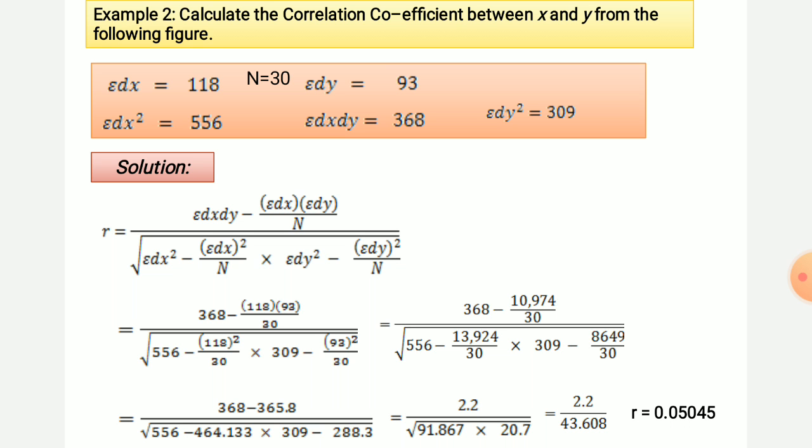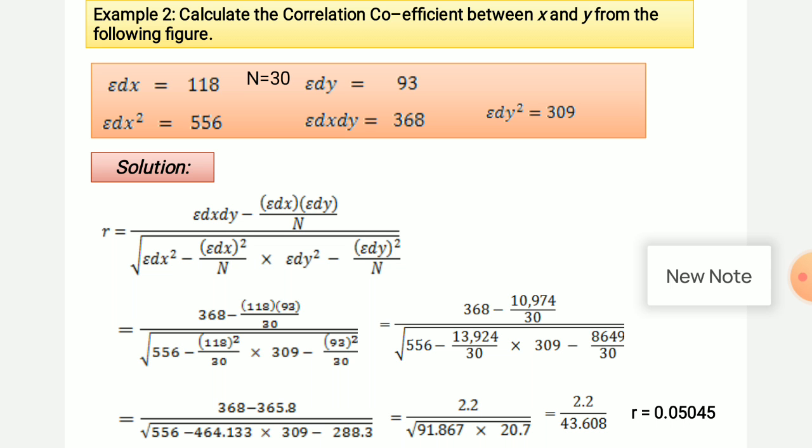That is equal to 368 minus 118 into 93, 10,974, divided by 30, over root of 556 minus 118 whole square, 13,924, divided by 30, into 309 minus 93 whole square, 8,649, divided by 30.